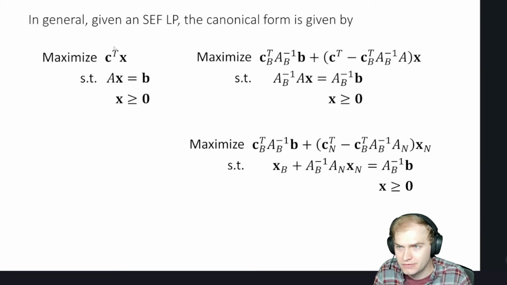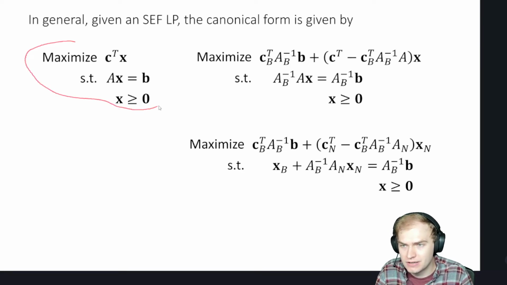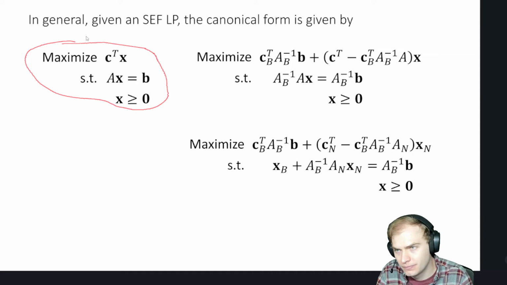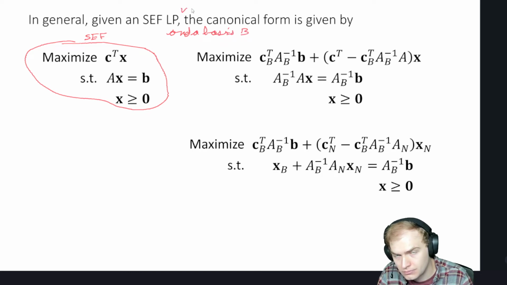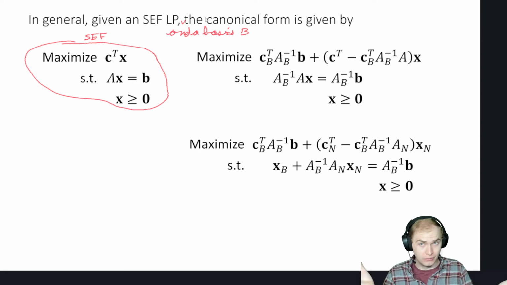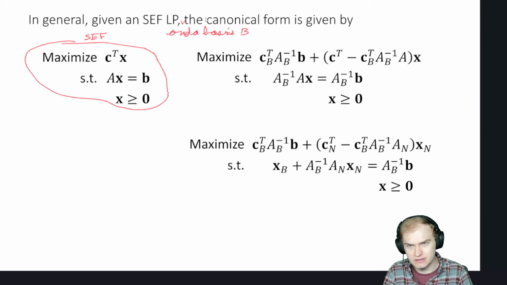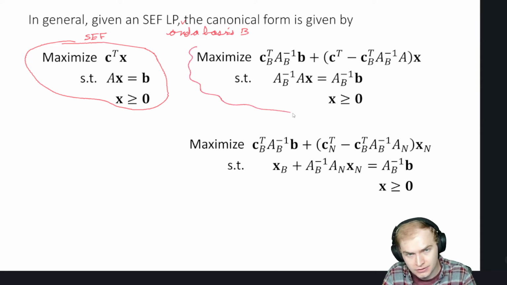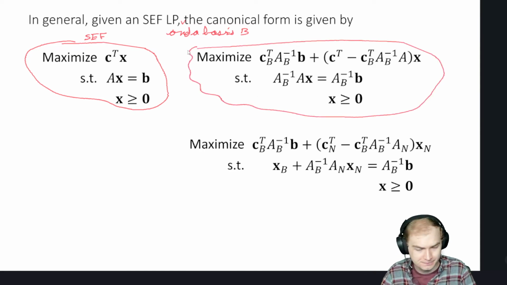If we have an LP that's in standard equality form and a basis B, the canonical form of that LP for that basis is given by this nightmare right here.